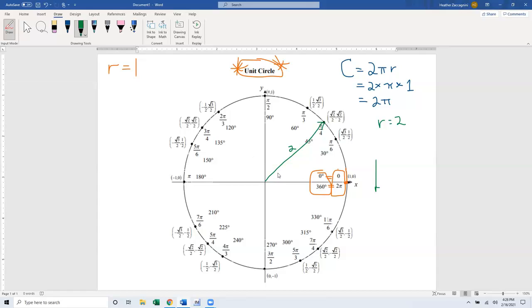Any circle, no matter what the radius is, has 360 degrees. That is a constant. But the important thing to recognize is that the 360 here has no relation to the size of the circle.